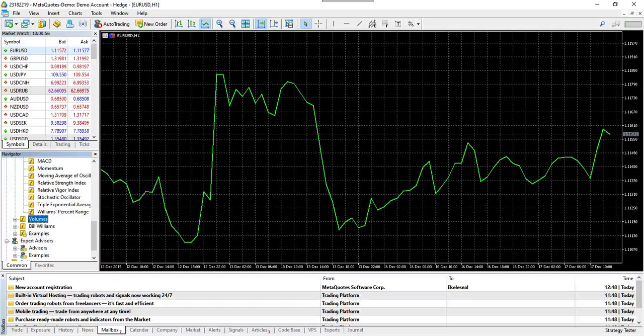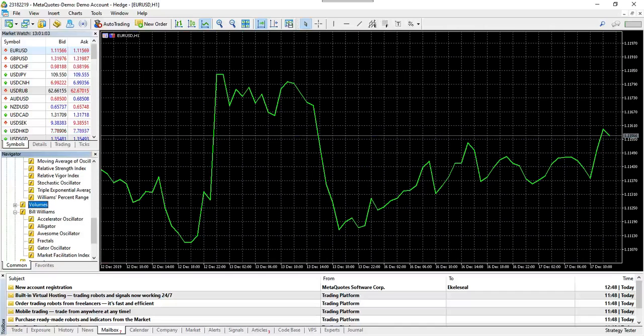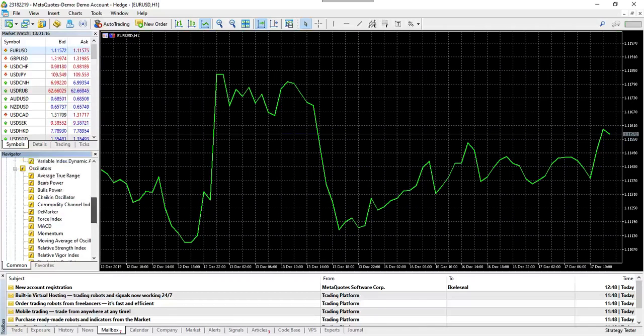I'm just trying to get the Heikin Ashi. It seems this doesn't have it. But Heikin Ashi is one good indicator that helps you to really see what you are doing in the market.